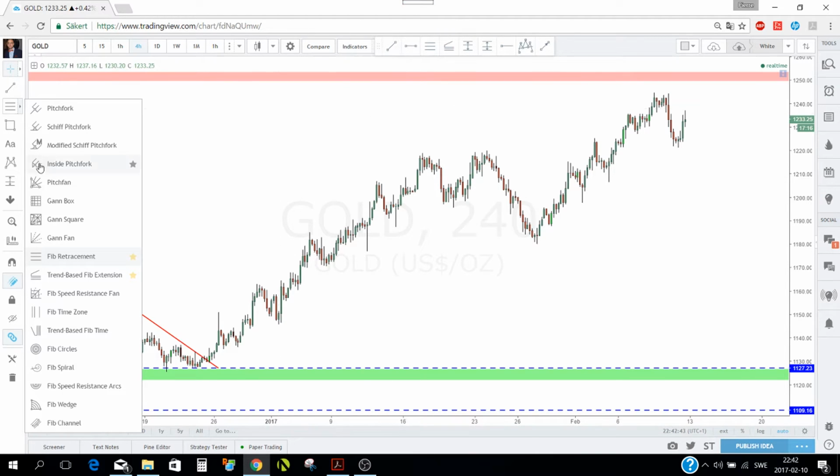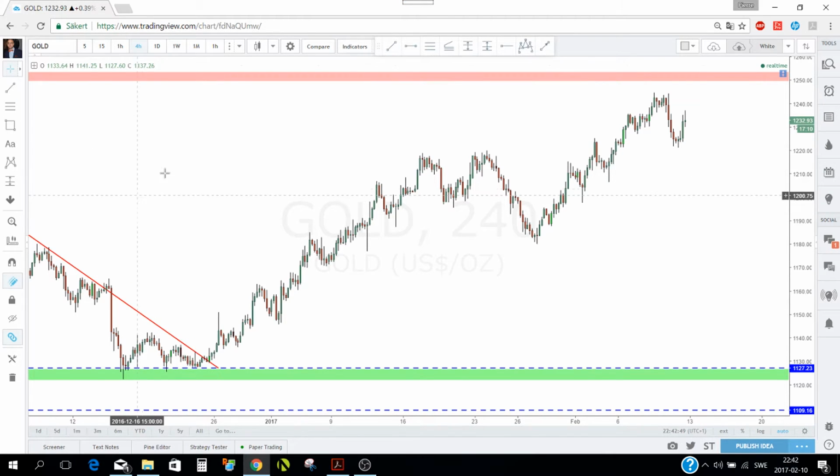And as you see, I have some tools up here that I starred already, because I use them a lot, and I don't need to enter this panel every time. So it looks like this, and it's called Fib Retracement in the TradingView charting platform.